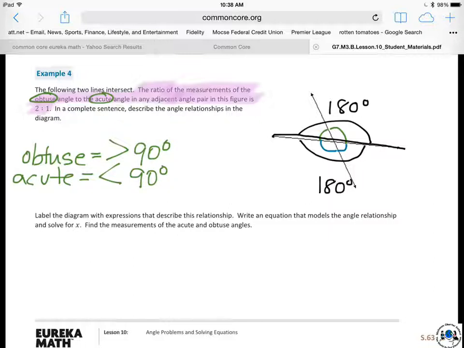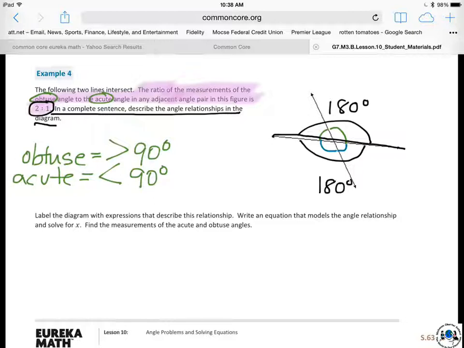It says here, in a complete sentence, describe the angle relationships in the diagram. This is based on this information here, but let's just do it together because I'm not sure if that's very clear.